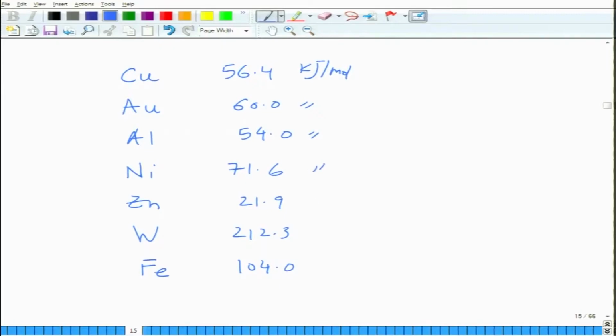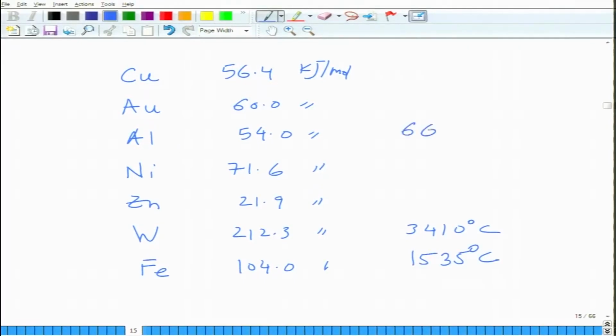And by our experience we know which has the highest melting point of these. So tungsten has the highest melting point, which is 3410 degrees centigrade, very high. Iron, of course you know, is 1535 degrees centigrade.